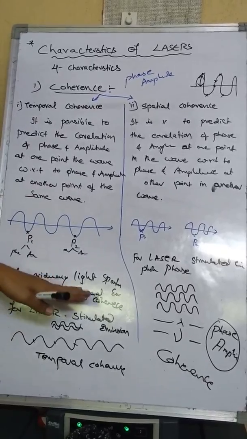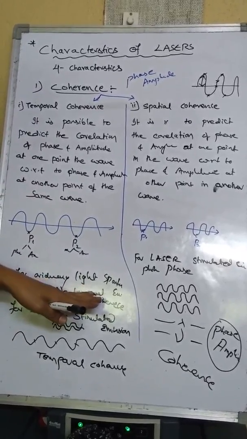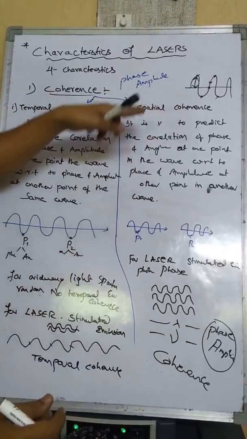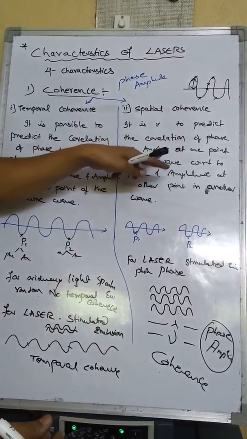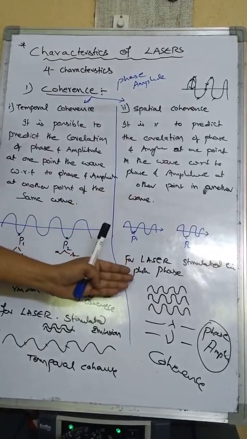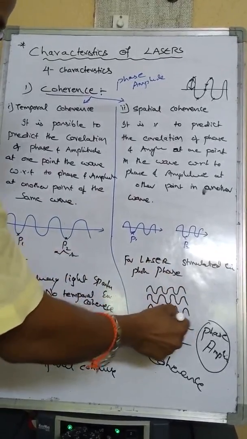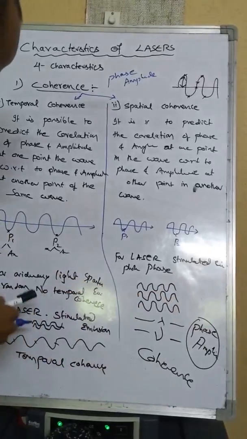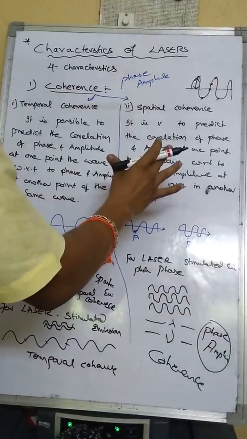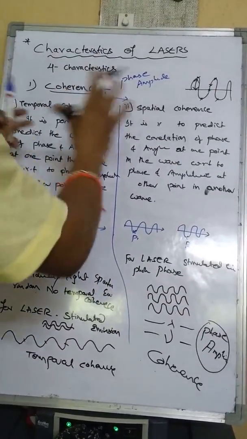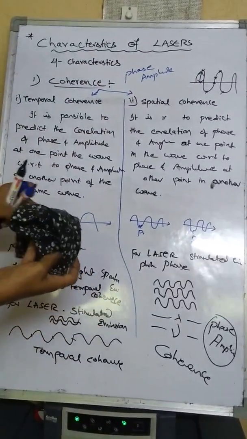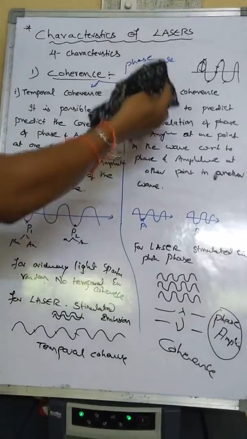For ordinary light there will not be temporal coherence, but for the laser it will be maintained. Spatial coherence is the correlation of phase and amplitude of one wave with respect to another point in another wave. As a result, for a laser, due to stimulated emission, the photons will be in phase, and if they maintain phase and amplitude, the two parameters lead to coherence. As the laser beam satisfies both temporal and spatial coherence, it is a highly coherent beam. Right? So this is how you can make notes by key points.